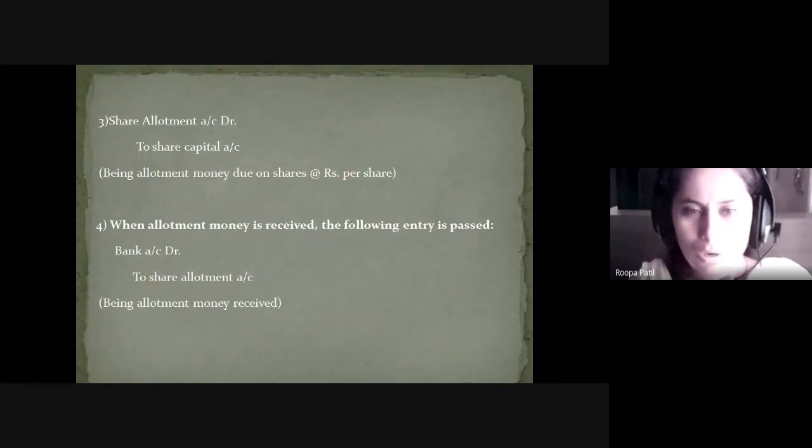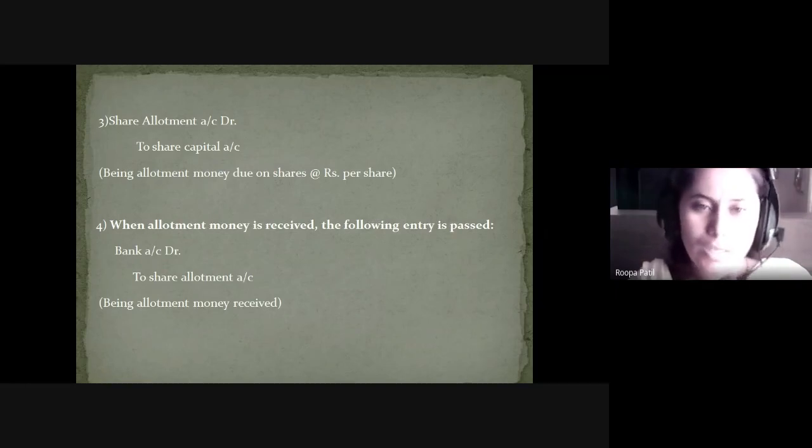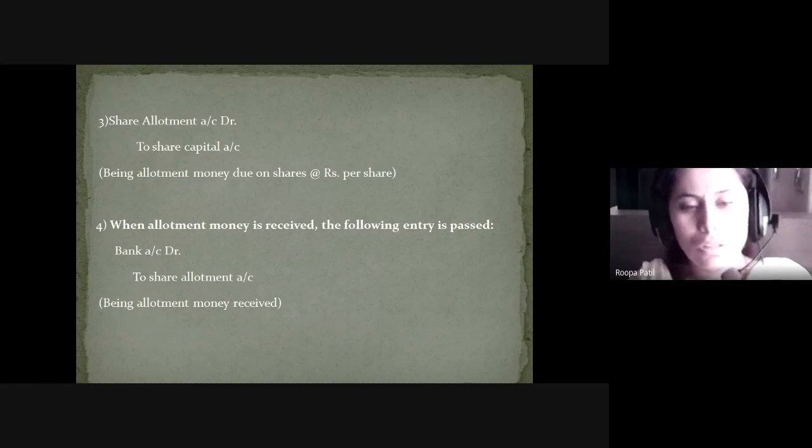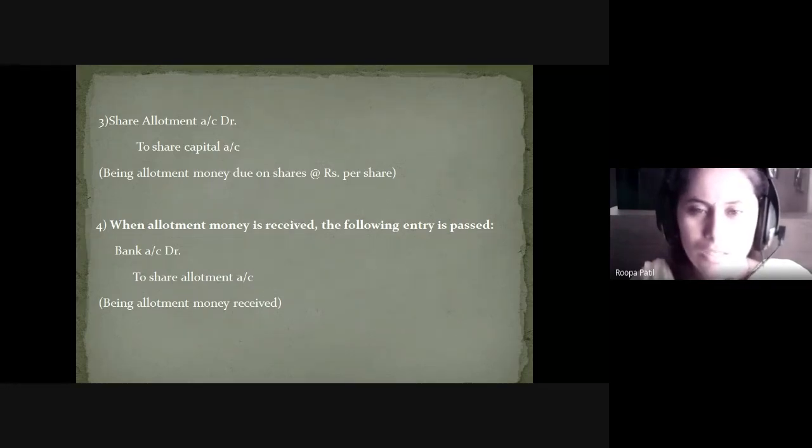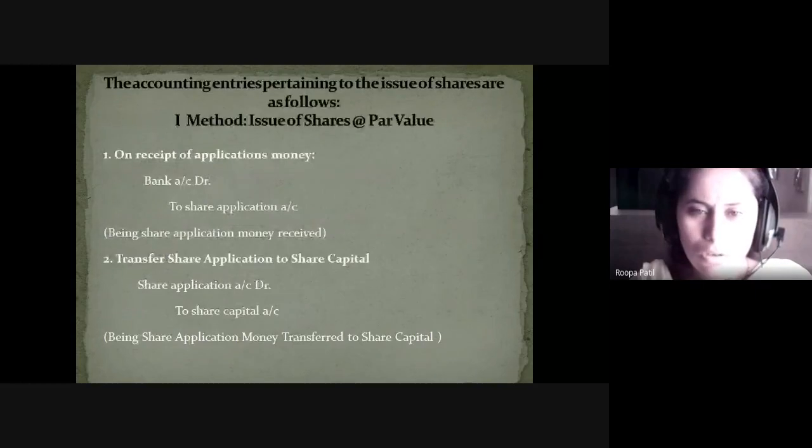Next, when you record the allotment entry, first record the transfer entry, then record the receiving entry. But initially, when you are starting the journal entry, first record the receiving entry, then move to the transfer entry.